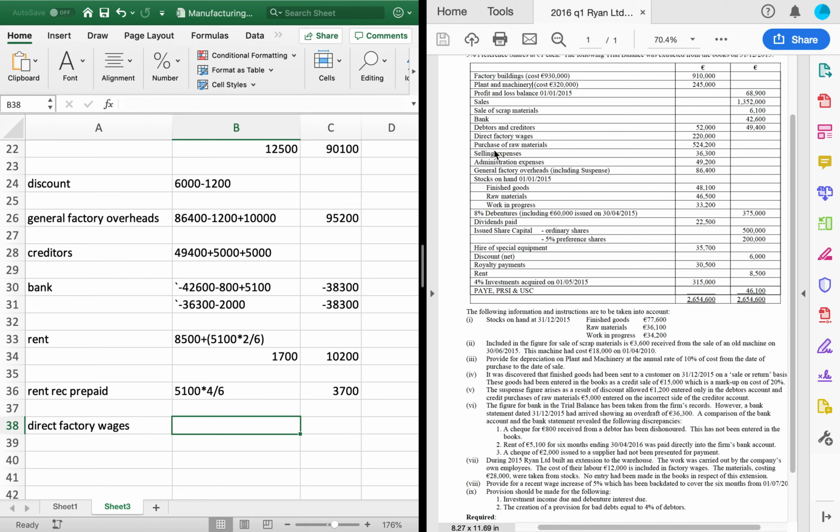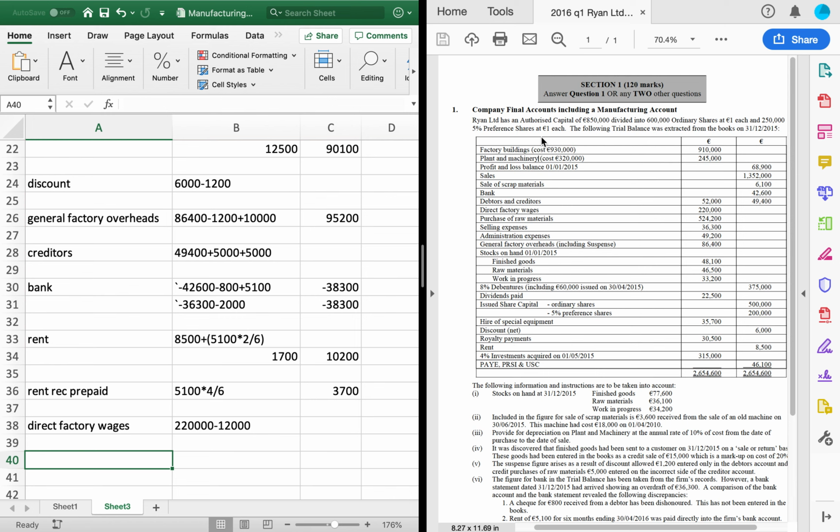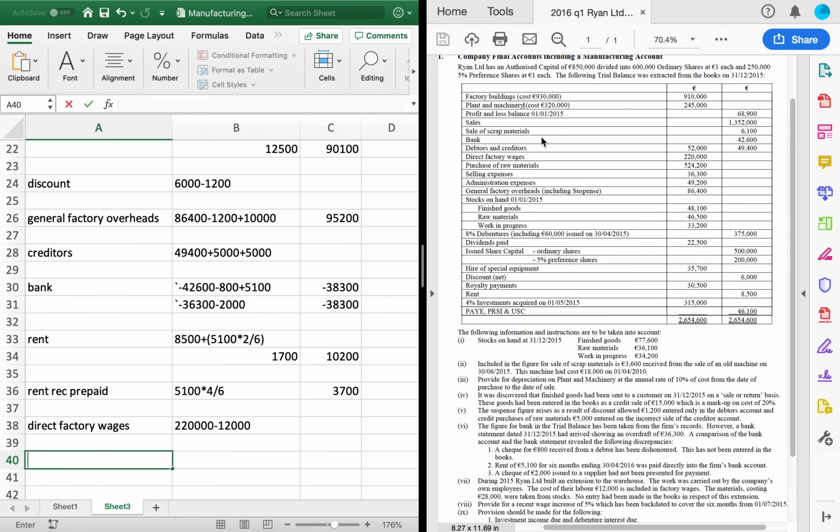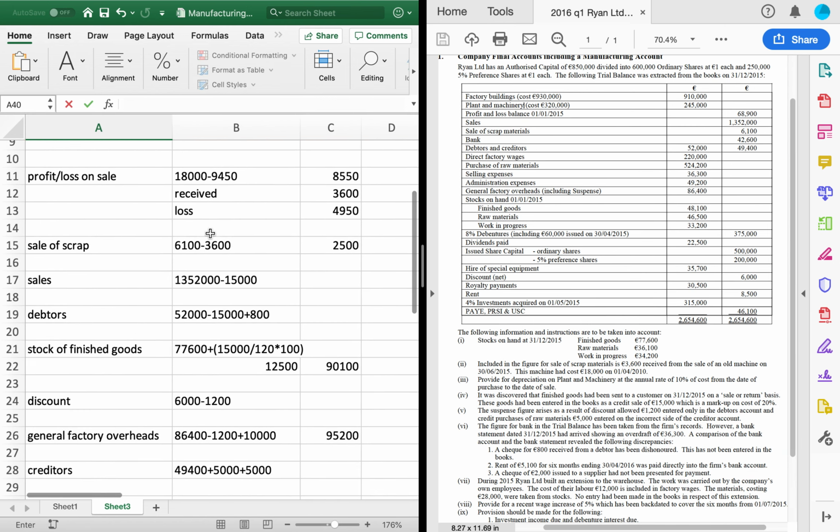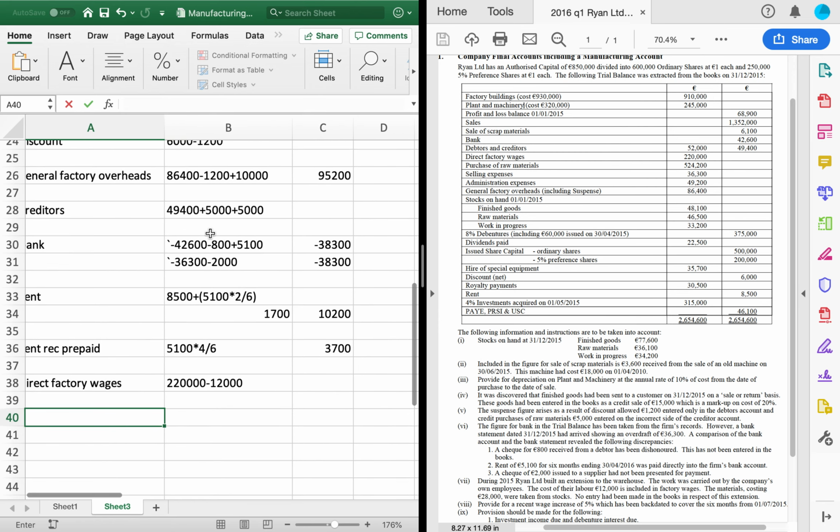So direct factory wages are 220. I'm going to take out 12,000, and then the purchases of raw materials, which I'm not sure if we changed already. Nope.